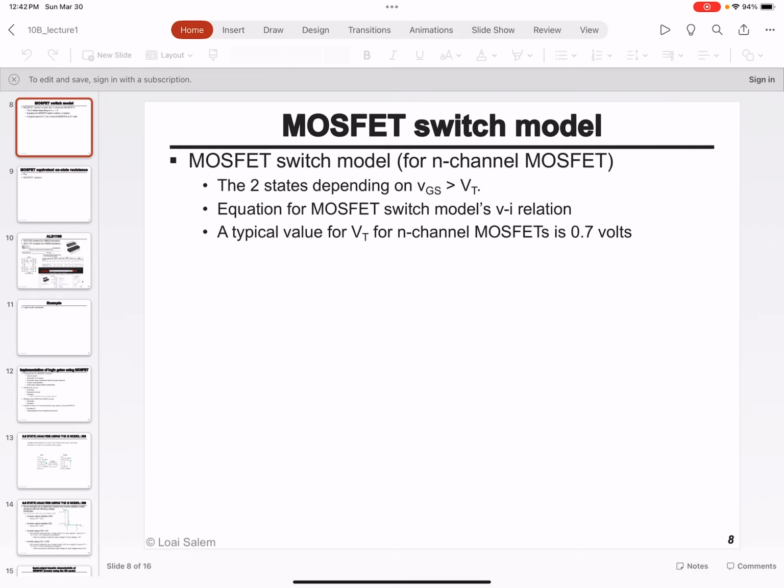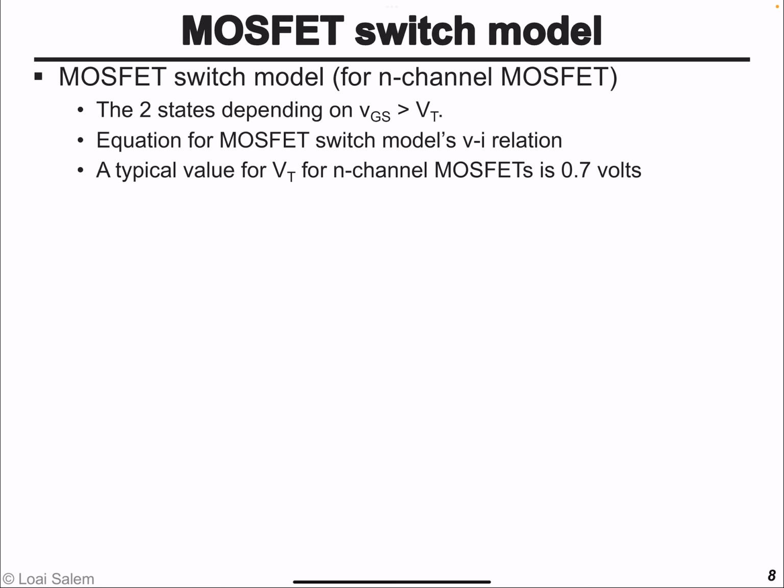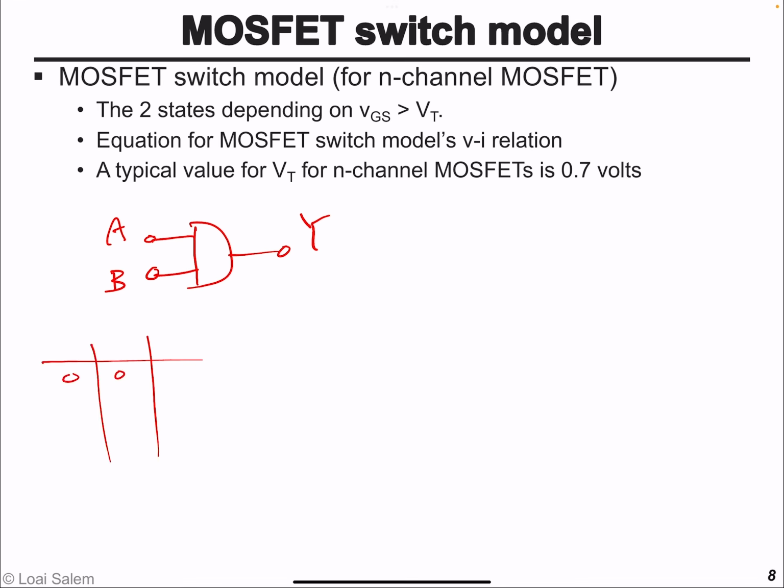If we bring a logic gate and try to test it in the lab and verify its functionality, you bring a power supply, which acts as a voltage source, and then you try the different combinations, 0, 0, and measure the output voltage.